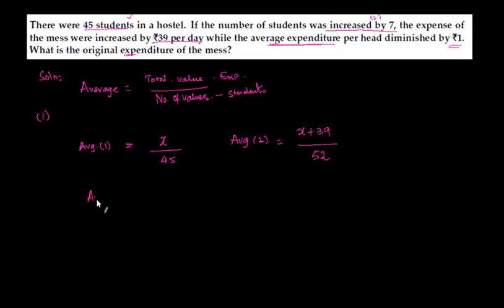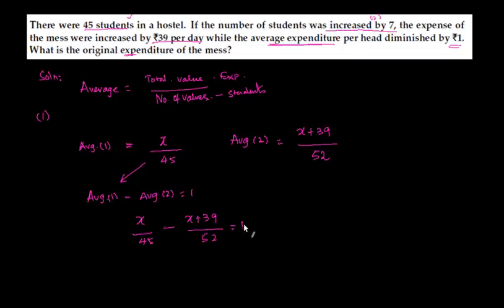So average 1 minus average 2 is equal to 1. Now we can put the data here. What is average 1? x by 45. What is average 2? x plus 39 divided by 52. So x by 45 minus (x plus 39) by 52 is equal to 1.